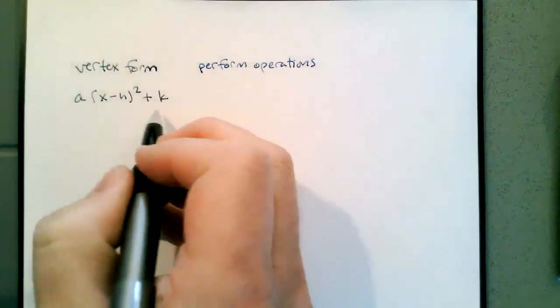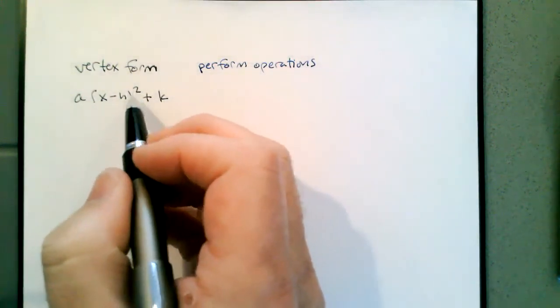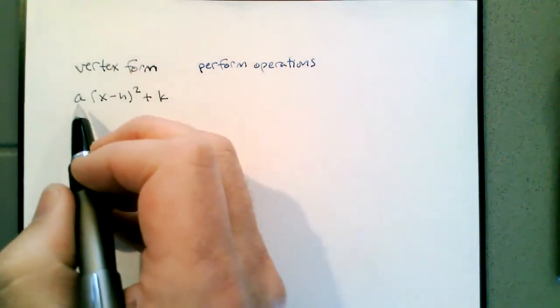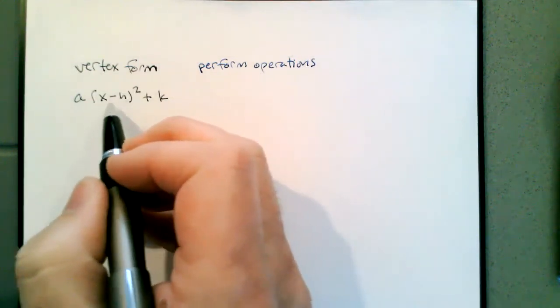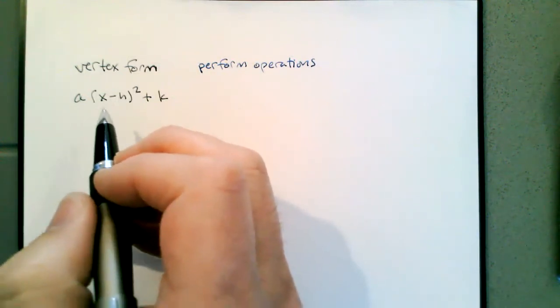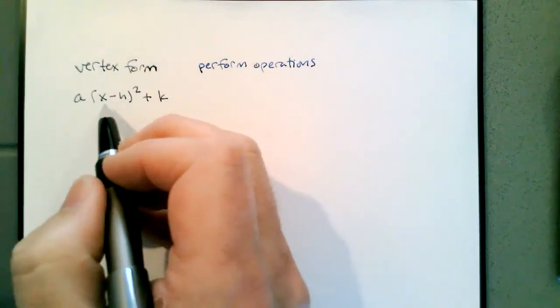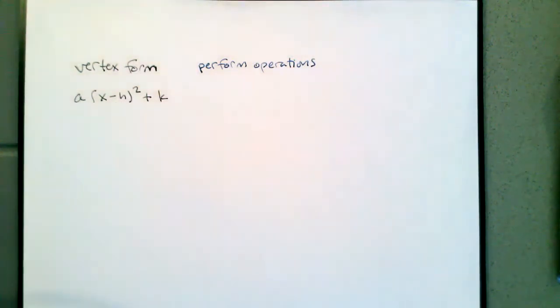So I have a times x minus h squared plus k. The order of operations is exponents before multiplication. I guess if you're thinking of PEMDAS, which you shouldn't because PEMDAS is trash, x and h, we can't combine these in any way. This is already taken care of. This is just x minus h. Those aren't like terms. I can't add them. So parentheses is not an operation anyway.